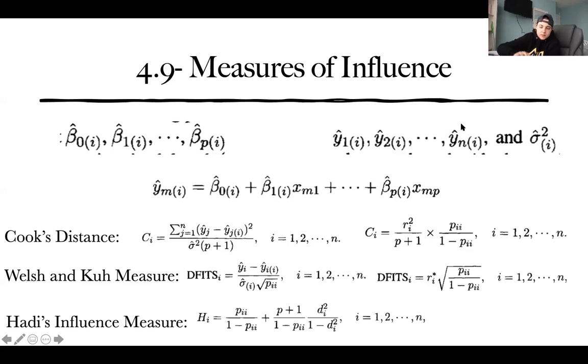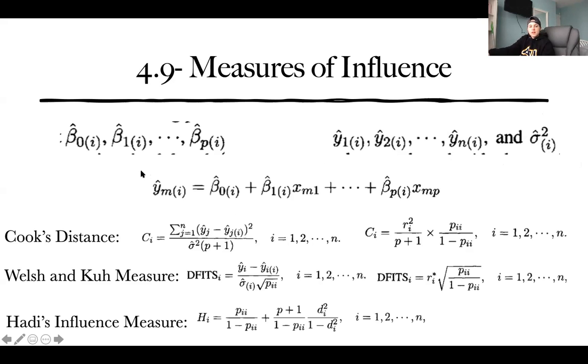And our sigma hat squared sub i values are, these y values are their predicted values, and our sigma term right here is going to be the residual mean square. Both of these are going to occur when we drop the ith observation.